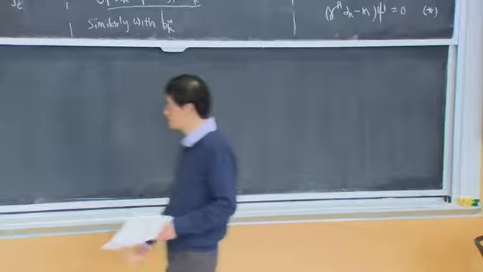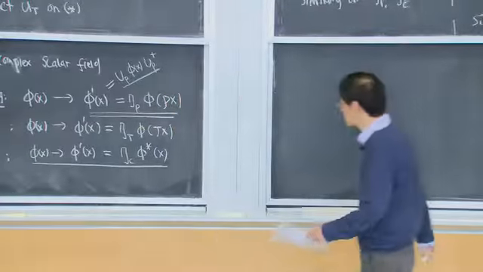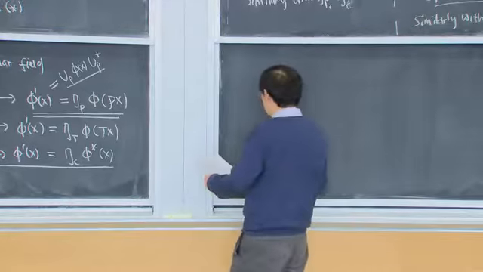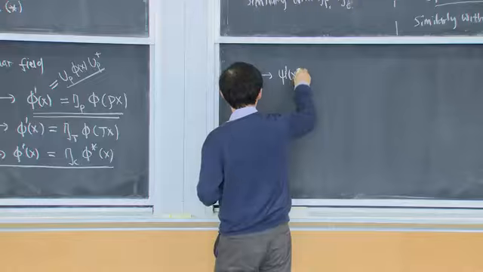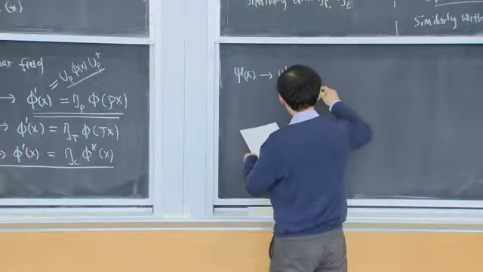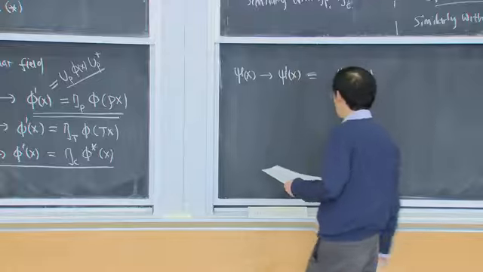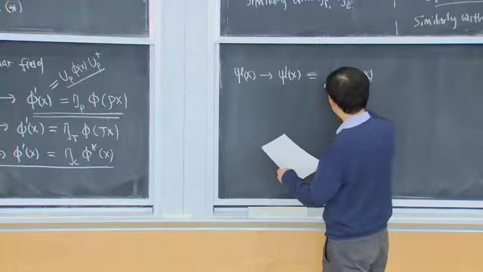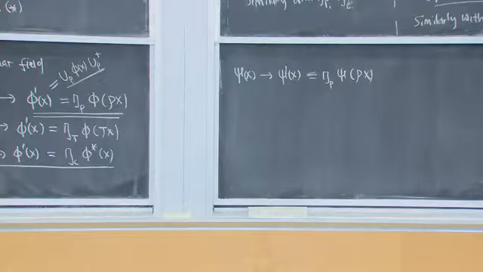Naively, if you want to generalize the scalar story, we say let's imagine the Dirac field should transform, for the parity for example, to ψ(Px), maybe with some phase. That is how the parity would transform.